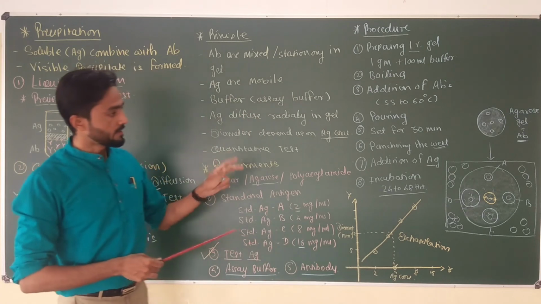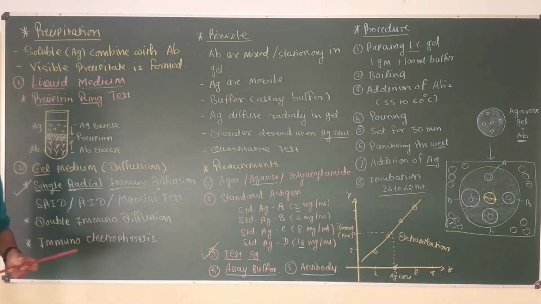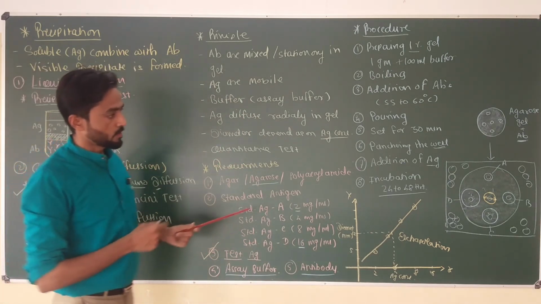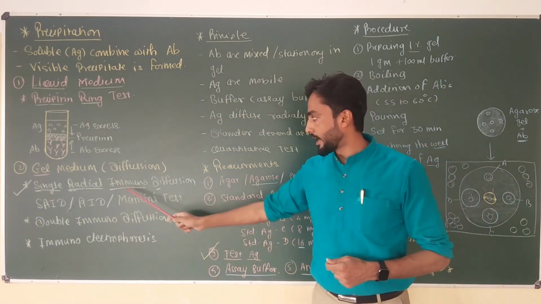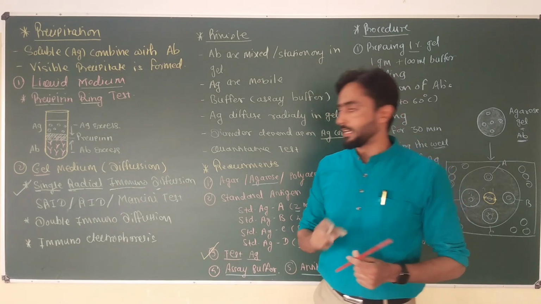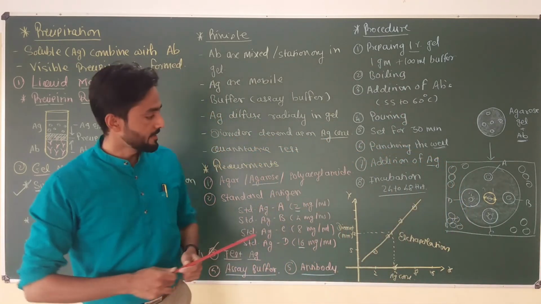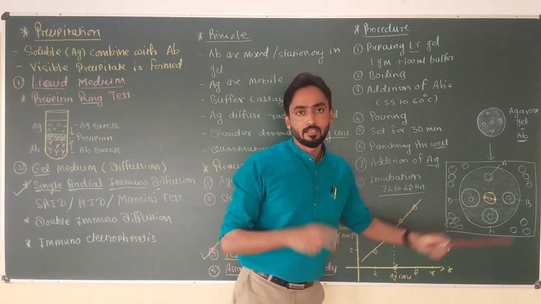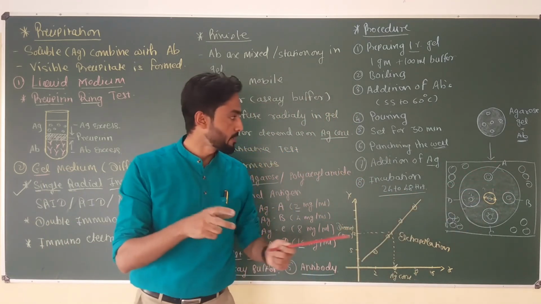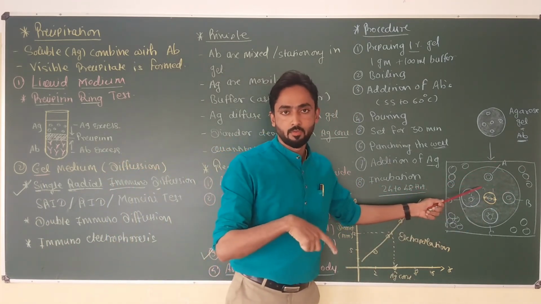So in this way, by using this procedure, you can find out the concentration of any unknown antigen by using the single radial immunodiffusion technique. It is called single because in this technique only the antigen is moving and the antibody remains stationary, or the antibody is in the gel which is unable to move.